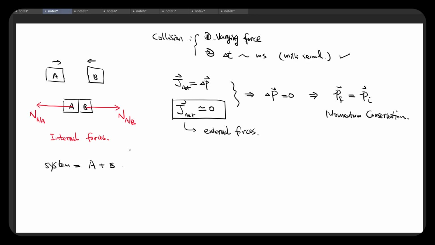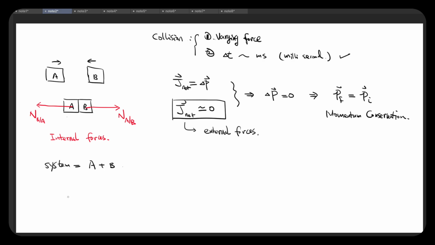They together is called our system. So that will make the normal force between them internal forces. So do not consider them here. Okay, so external forces in this example here.